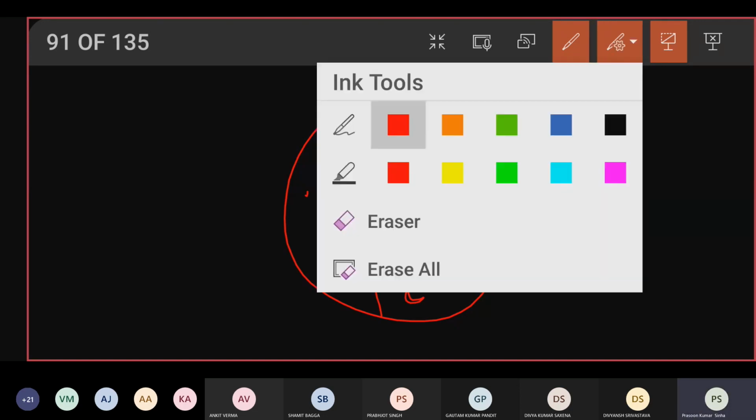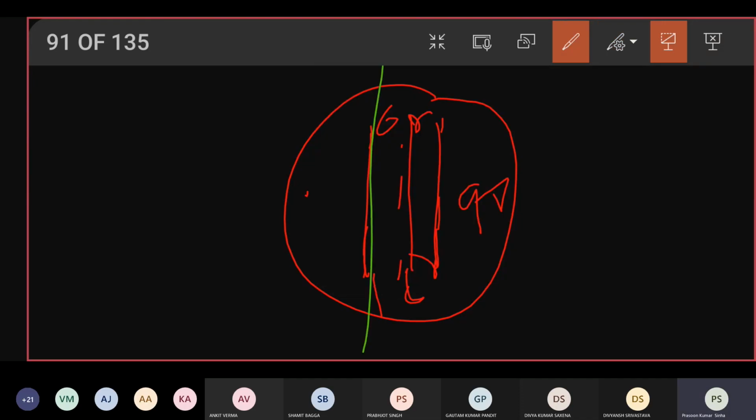The magnetic rods will align with the Earth's magnetism. The red pole towards the north, the blue pole towards the south.